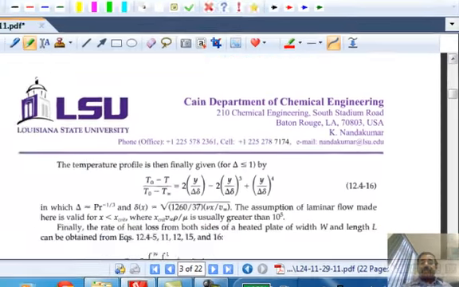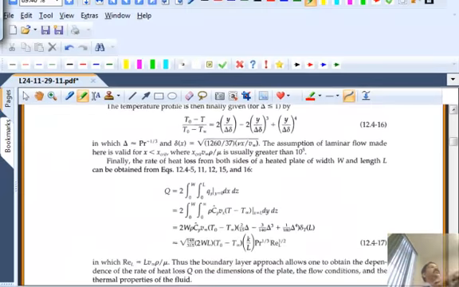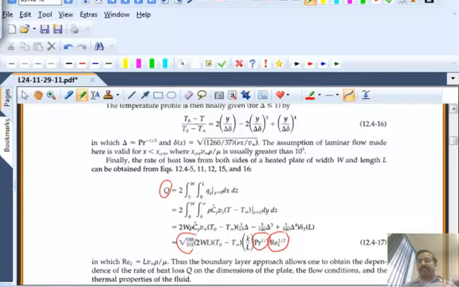So using that and following the same procedure as we did before, take Q, evaluate the flux, and put it in terms of Nusselt number, and you'll find through the integral analysis the same result. It is Prandtl number to the power 1/3, Reynolds number to the power 1/2. Of course, there is a coefficient. That coefficient will be slightly different depending on what kind of temperature profile and velocity profile we assume.